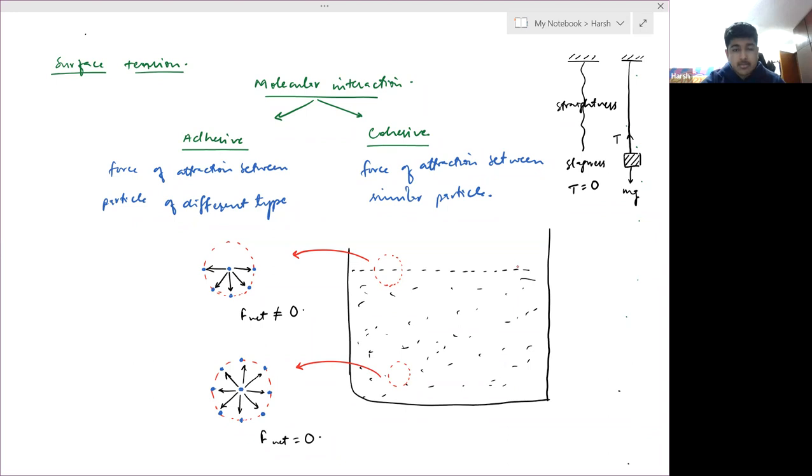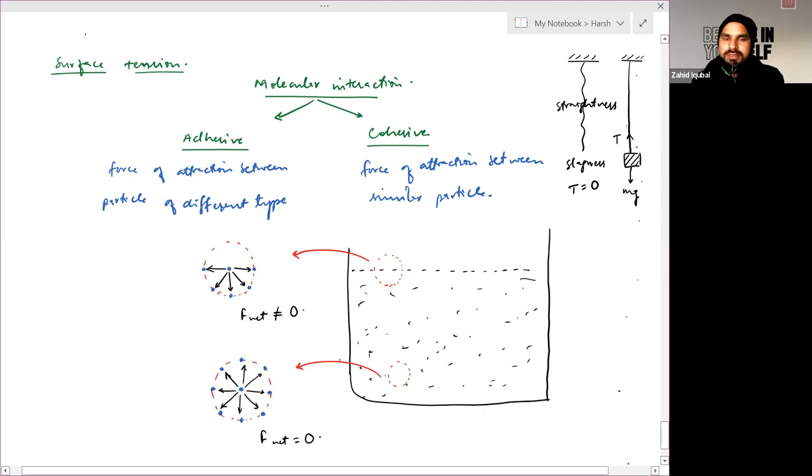This tendency of the top layered liquid is called surface tension. And why is it arising? Due to its molecular interaction with its neighboring particles. So surface tension is when the top layered liquid behaves as a stretched membrane due to its molecular interaction. This behavior is called surface tension.